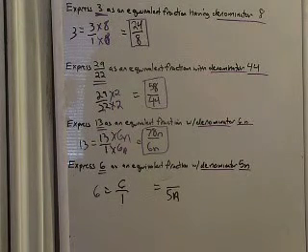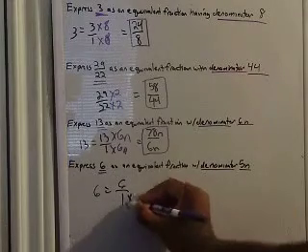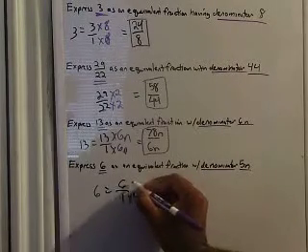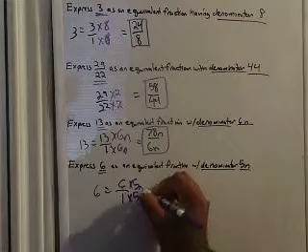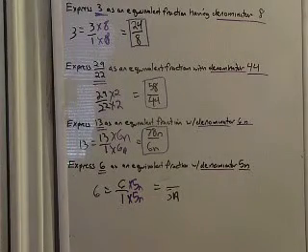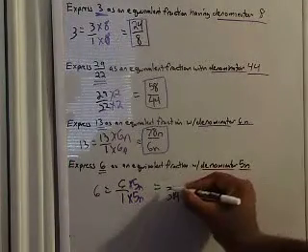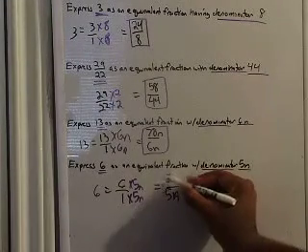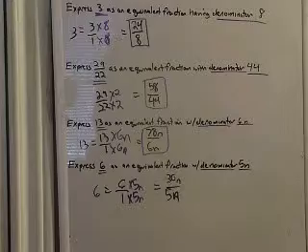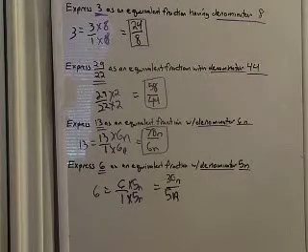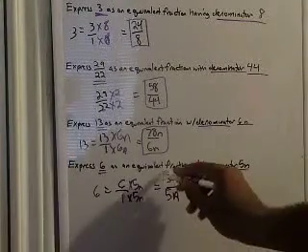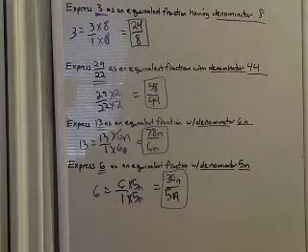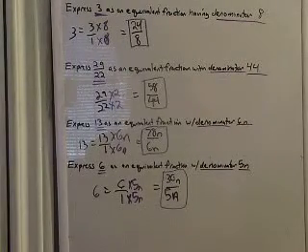What times 1 gives you 5n? Well, that's 5n. So then you make sure you multiply 6 by 5n. 1 times 5n gives you 5n, so 6 times 5n is what? 30n. So an equivalent fraction to 6 with the denominator 5n is 30n over 5n.